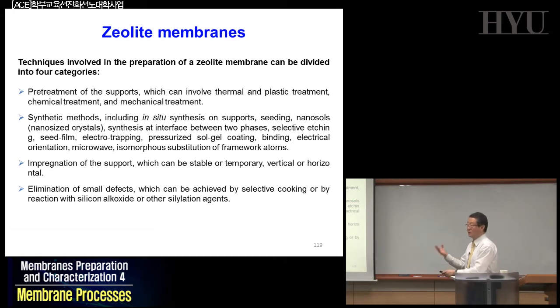But these days, I think the technology has been advancing to make pilot scale units in flat sheet form, what they call plate and frame type modules.